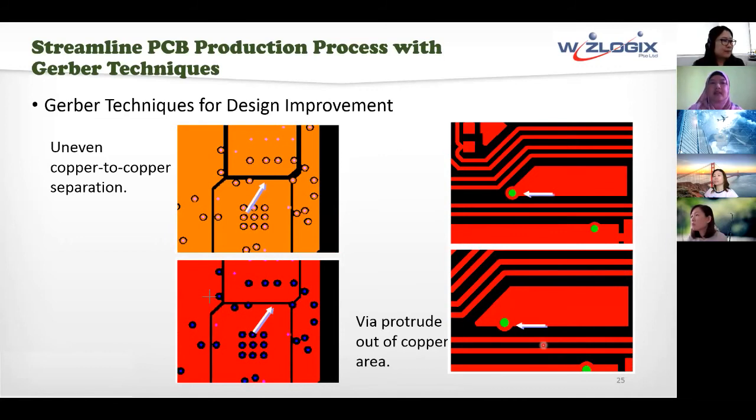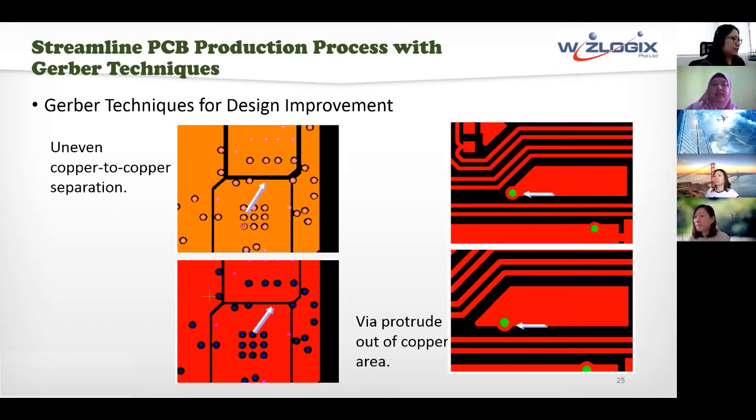And then uneven copper to copper separation. Let's say on your ground plane or on your copper plane for power, you have several powers on the same plane. What we do is we will have special copper shapes or copper areas for each individual power, dedicated to that power supply.